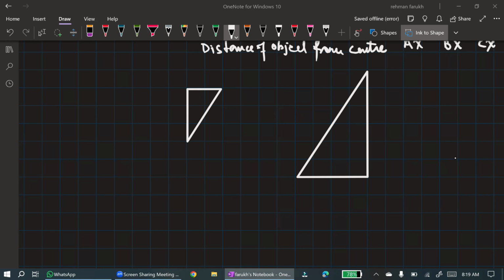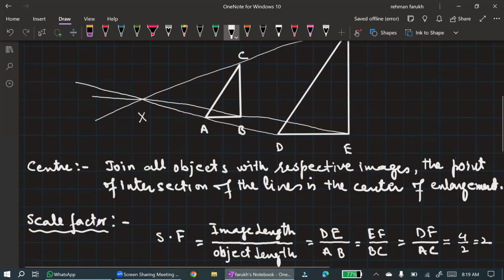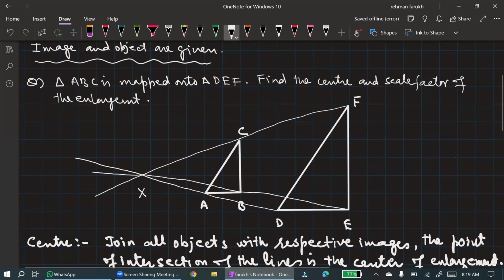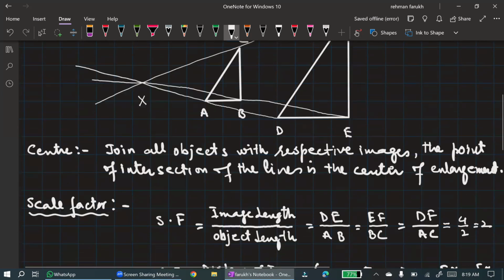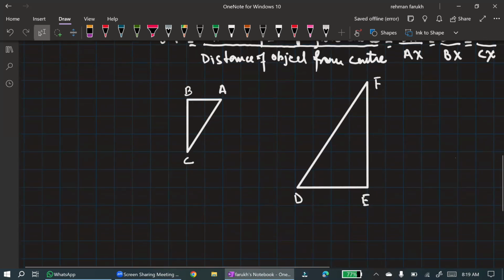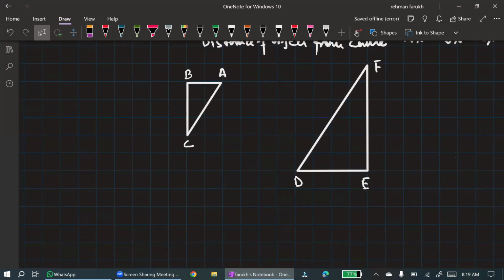One is ABC, the other one is DEF. Now we will find out the center of the enlargement. The question is the same: triangle ABC is mapped onto DEF. Find the center and the scale factor of the enlargement. But the diagrams are different.